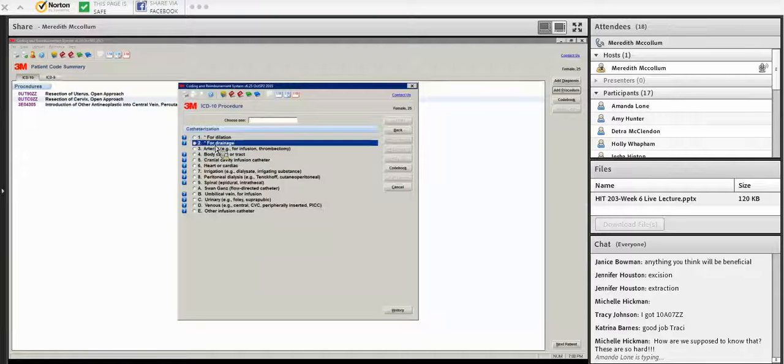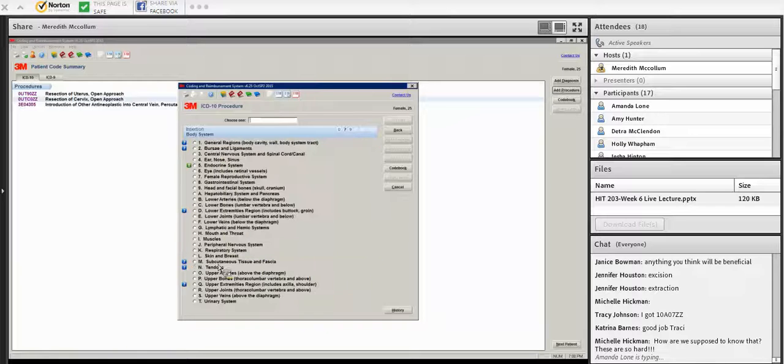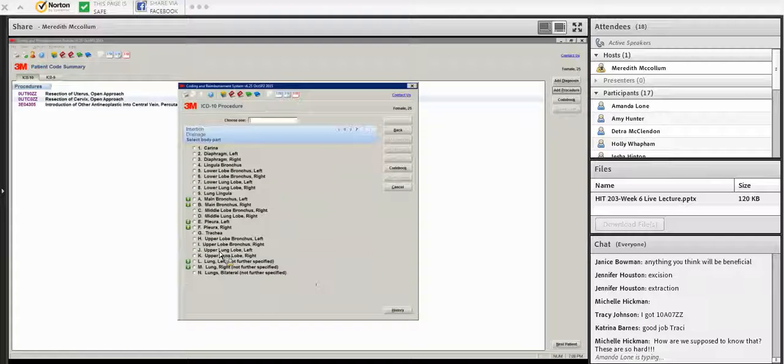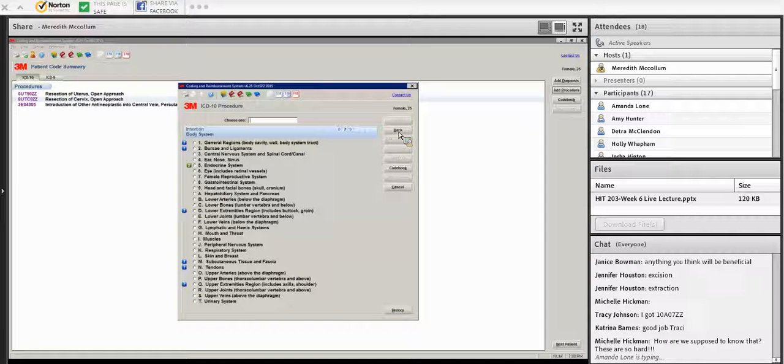For drainage in the respiratory. It's not going to give that to me. Let's see.